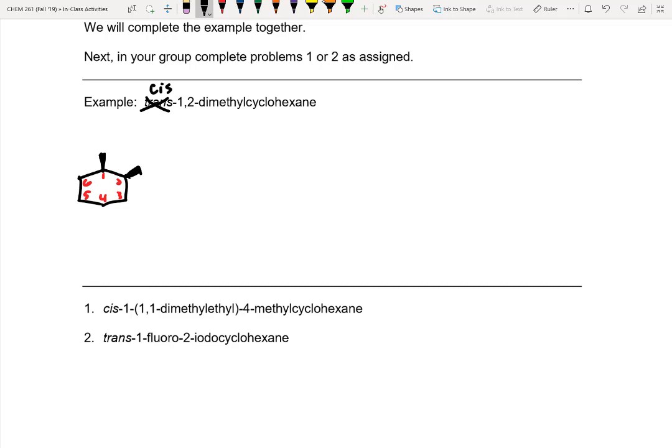So cis means that they're the same, trans would be opposite. All right, so we're good to go. That's our 2D. Now we'll go ahead and draw our chairs. Okay, so we've got two chair structures. In our original structure, we drew it going clockwise, so I'll do the same. 4, 5, 6.